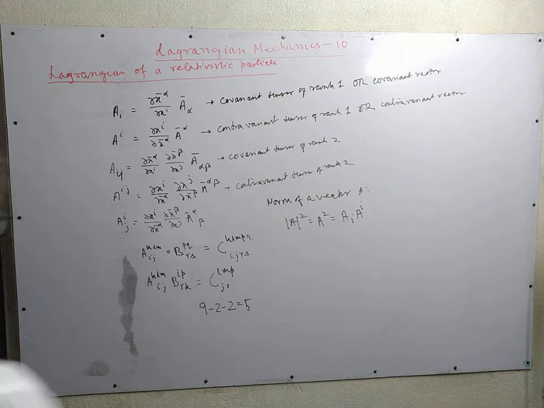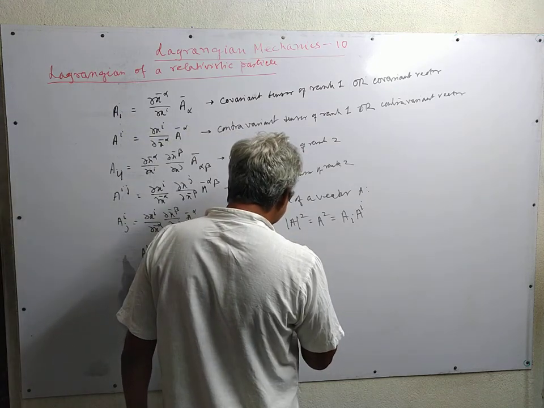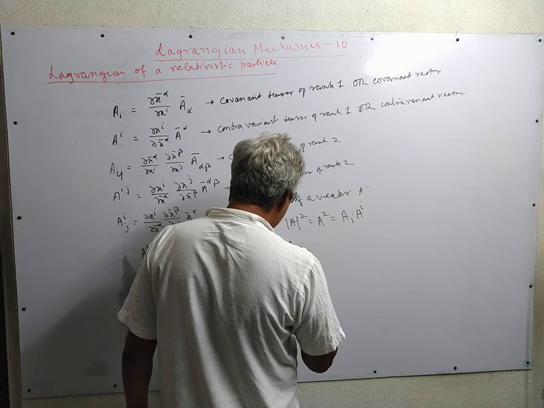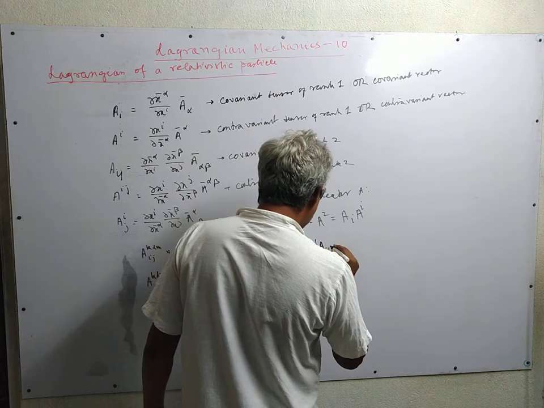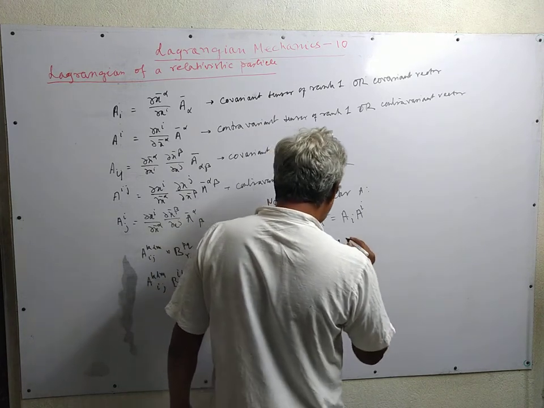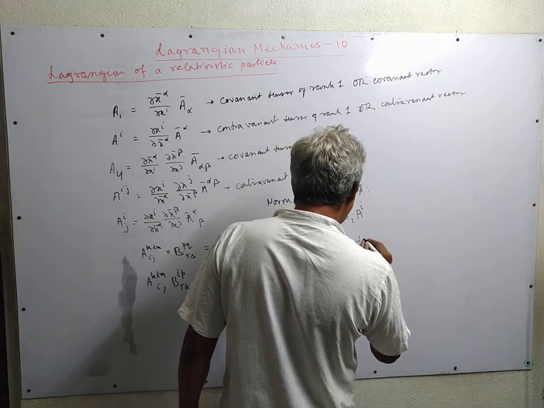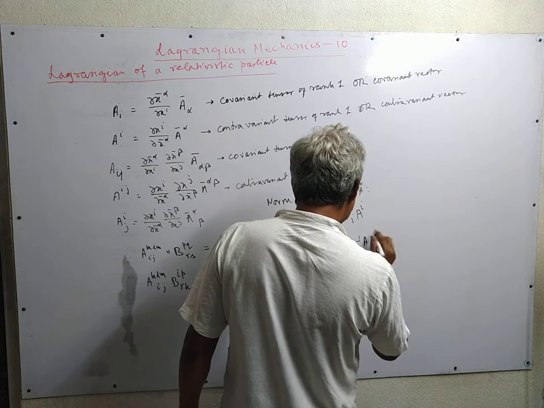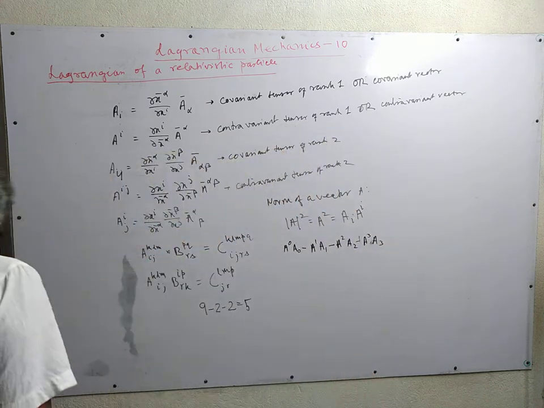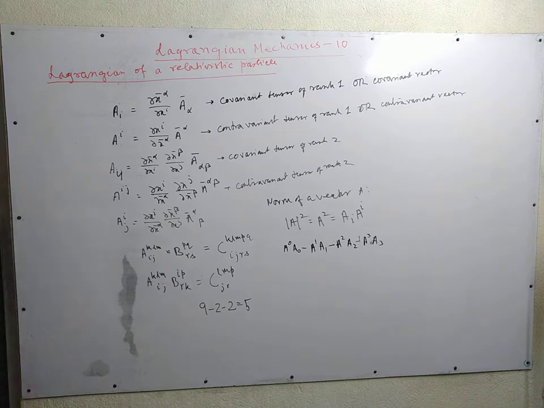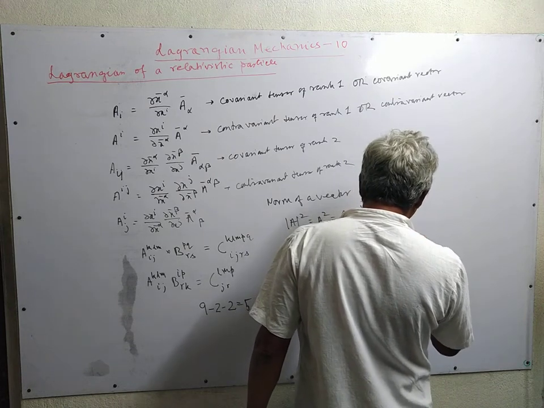And if we define the components of the vector as A0, A1, A2, A3, then A0 squared minus A1 squared minus A2 squared minus A3 squared is the norm of the 4 vector, and this is a Lorentz scalar. So it is a Lorentz scalar, which is the norm of the 4 vector.